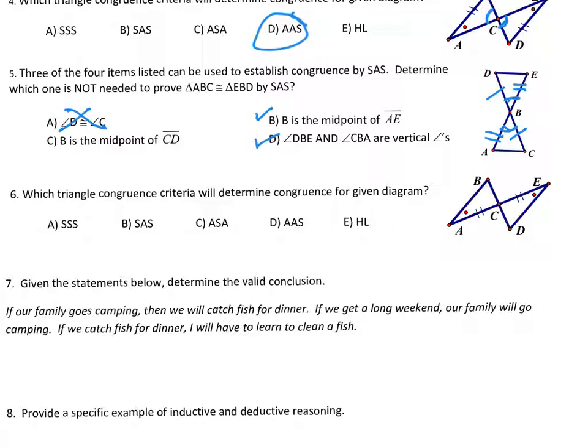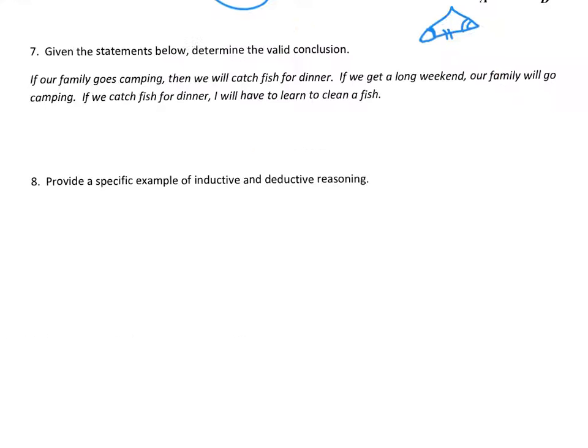Next question says, which triangle congruence criteria will determine congruence for the given diagram? So we could mark the vertical angles, and then looking at one triangle, we have this angle here, this side, and this other angle. So that's angle, side, angle, which is answer C.